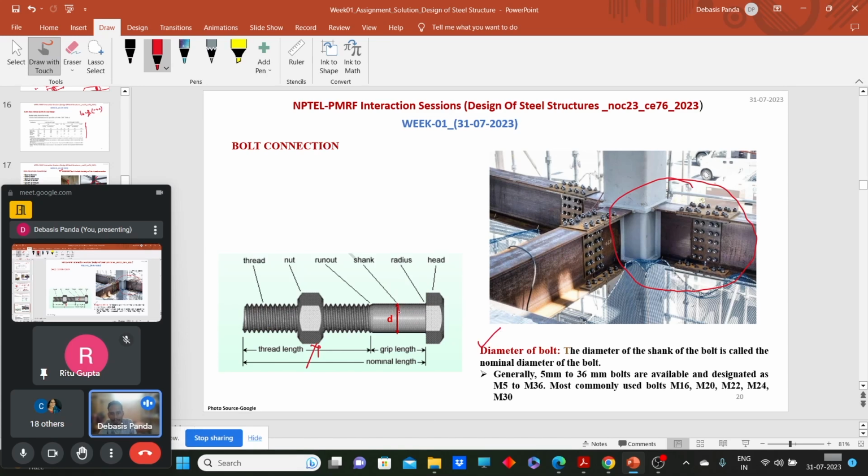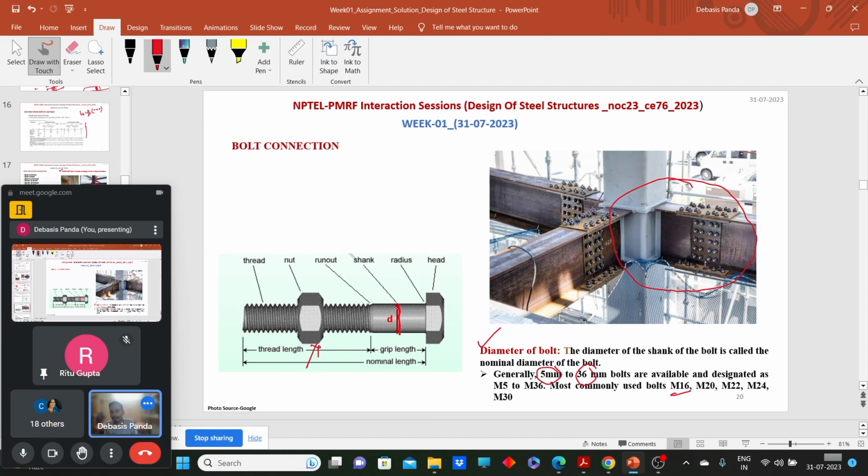So here, the diameter of the shank will be considered as the diameter of the bolt. Generally, we have 5 mm to 36 mm bolts readily available, and these are designated like M16. That means it's a bolt whose nominal or shank diameter is 16 mm.